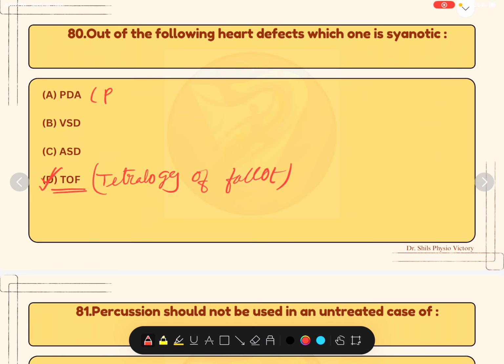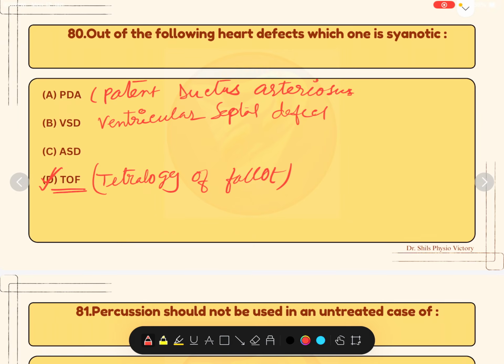PDA is patent ductus arteriosus, VSD is ventricular septal defect, and ASD is atrial septal defect.